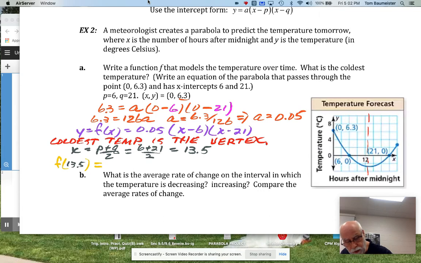So we're going to say it's 0.05 times (13.5 minus 6) times (13.5 minus 21).